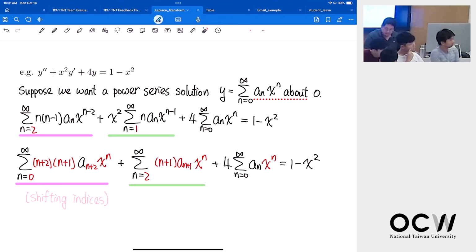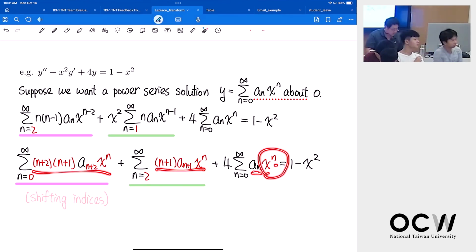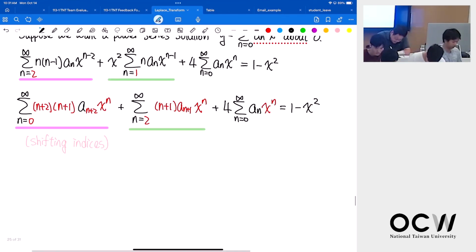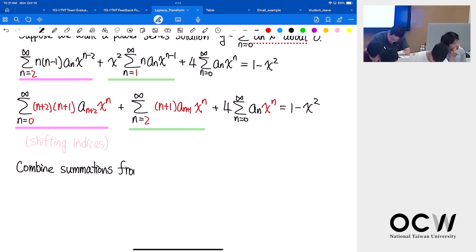So now next we can combine all the coefficients with the power to the n. So combine the summations from n equals 2.